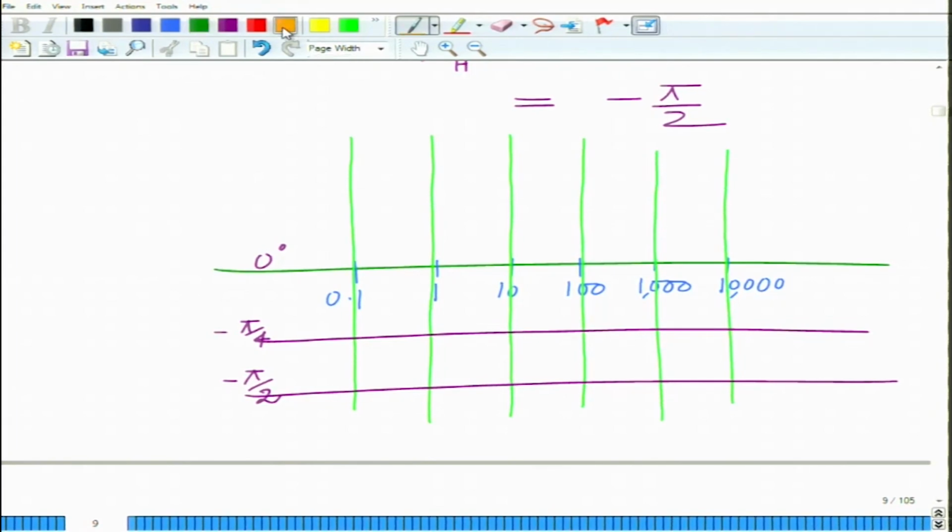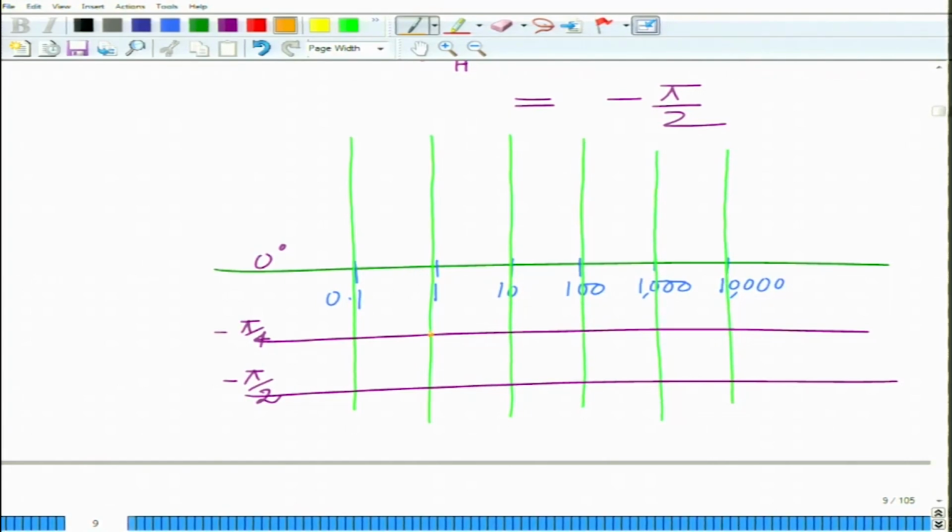So, you come from here, which is 0 degrees.